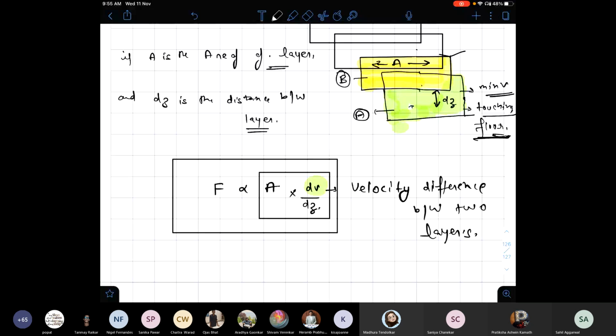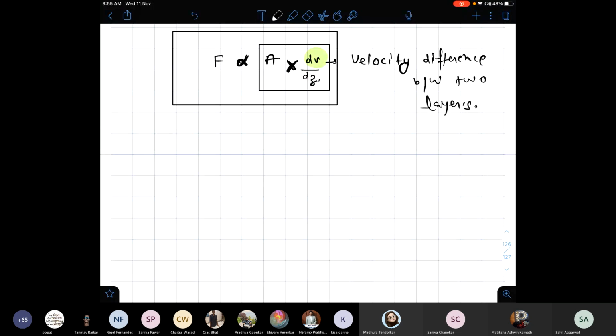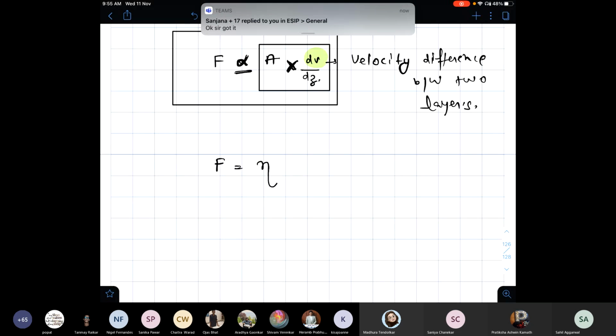This is multiply. This is proportional. Now to remove this proportionality sign, we will put some constant. That is eta.